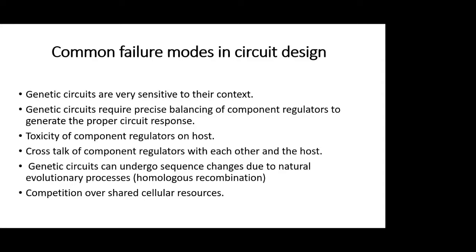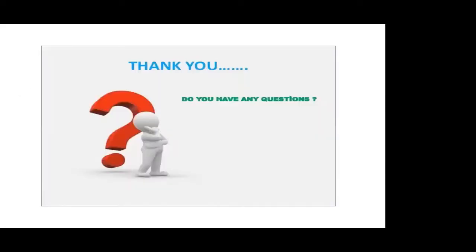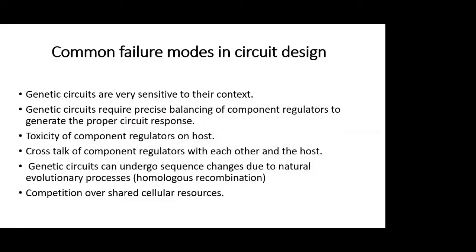So you have some kind of insulation between the upstream and downstream genetic circuits, so that you have oscillation, and at the same time you have the downstream genetic circuits controlled by this genetic oscillator. So this kind of insulation will help you engineer more robust circuit behavior.